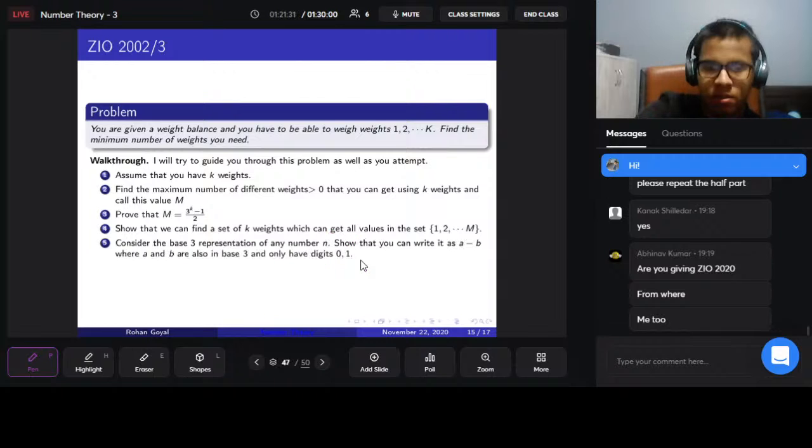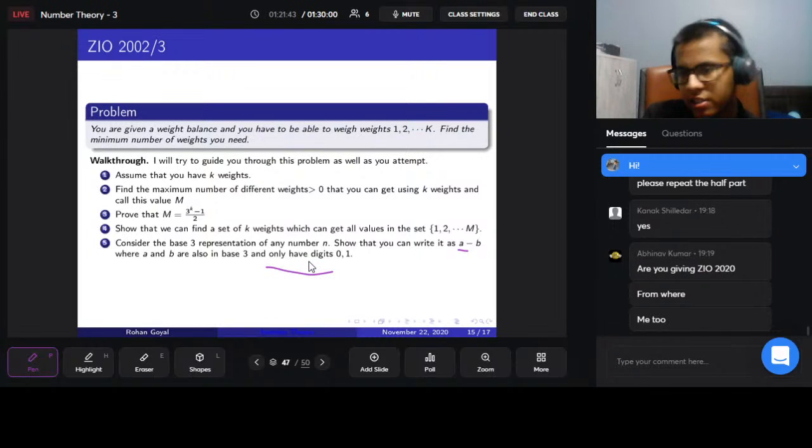You show that whenever you have a base 3 representation of any number, you can write it as a minus b, where a and b are also in base 3 and only have the digits 0 and 1. They don't have the digit 2. So I can write any number n in this way. If you can show this, try to think why this is the same thing. Why both are exactly the same thing, try to think of that.